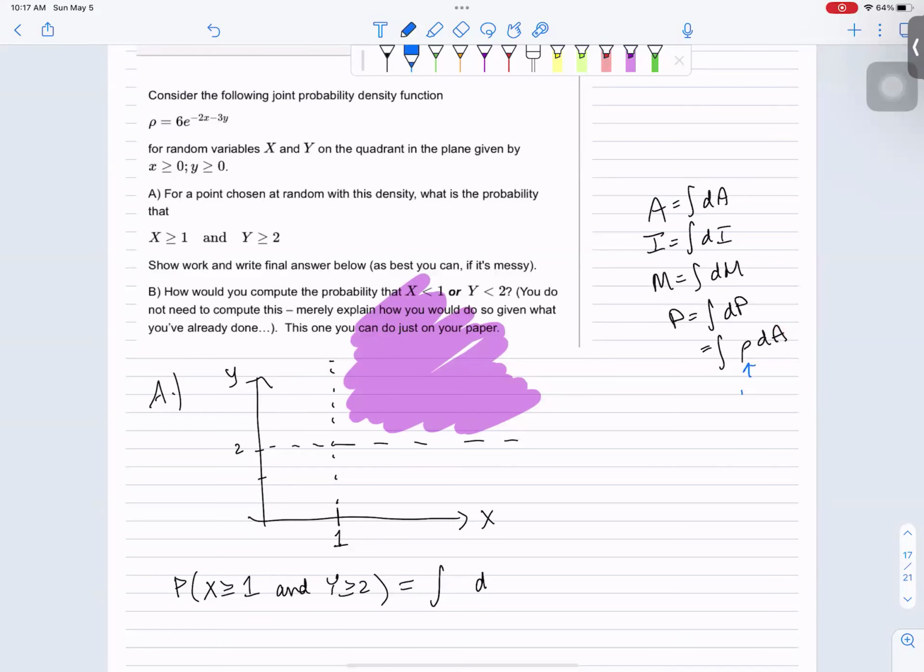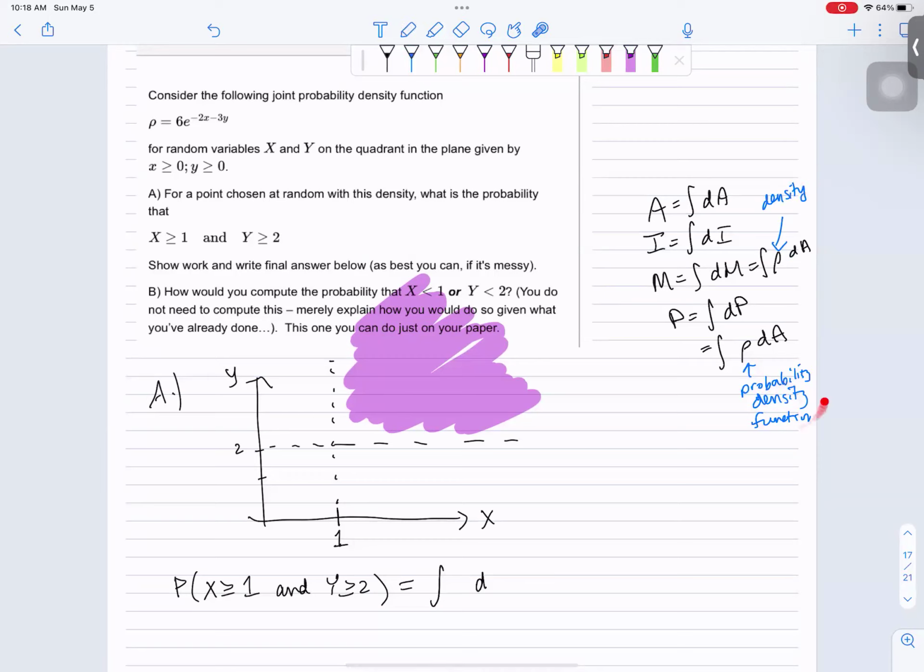So this is the probability density function. Not to be confused with when we're doing dm, the rho here is not a probability density function, it's just the density.